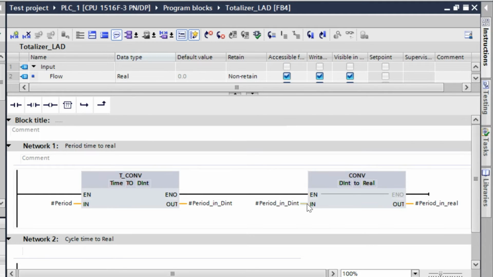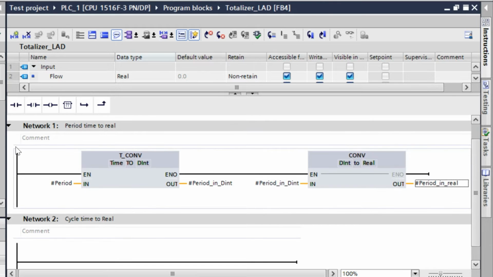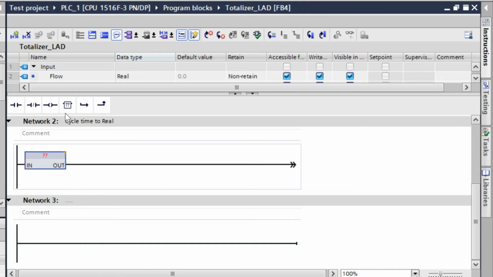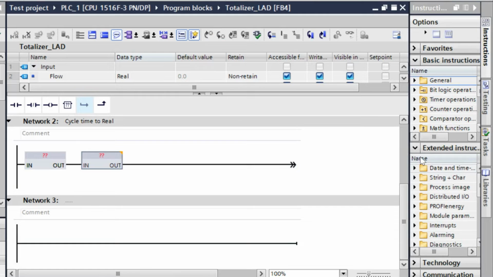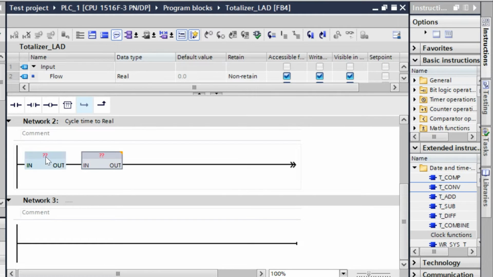Same as here, we'll take an empty box. Where is that time conversion function located? It is located in the extended instructions, under date and time of day. Here this is our T conversion function.